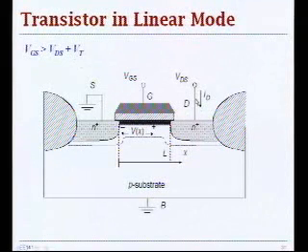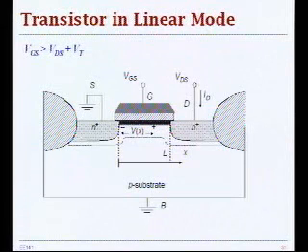overdrive over the threshold voltage. And then you have fairly small VDS that's less than VGS minus VT. And in this case, you basically have a conductive channel between your source and drain, and you have linear relationship between your drain source voltage and your current.